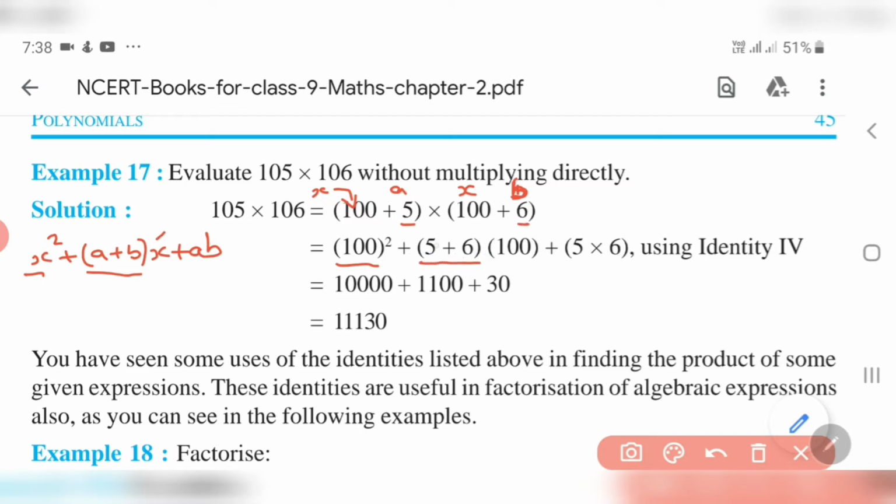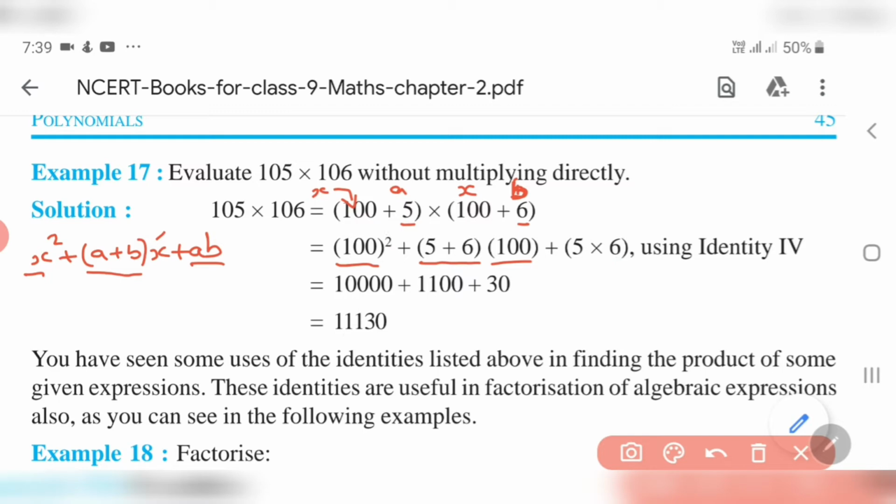What is the value of x? x is 100. So you write here 100, plus a into b. So a into b. What is a here? a is 5, correct? And b is 6. So you write 5 into 6. Then what is the square of 100?